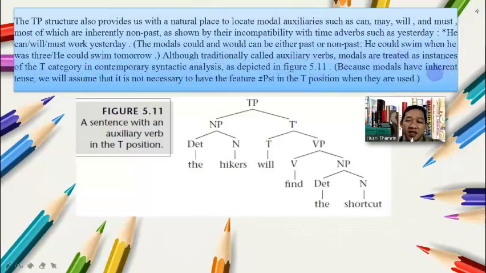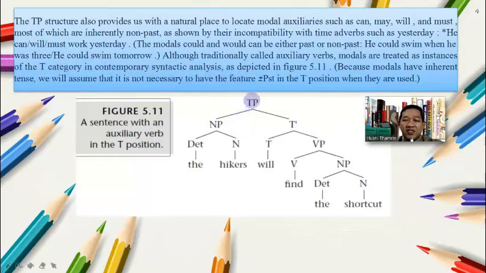Nah, di sini bisa diperlakukan atau diaplikasikan secara umum kategori tense, kategori masa waktu, tentang waktu. Tense itu masuk ke dalam syntactic analysis.